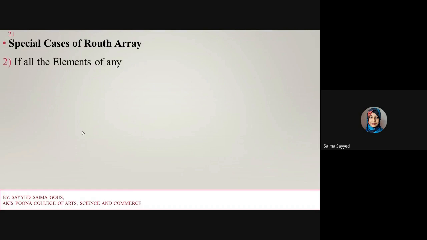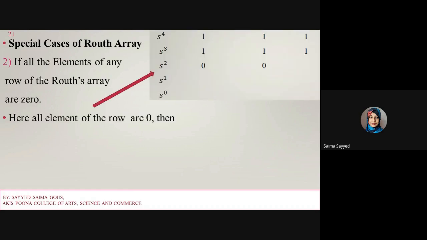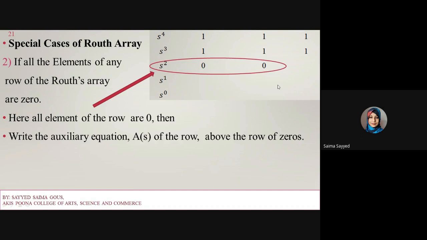The next case is if all the elements of any row of the Routh array are 0. Here all elements of this S2 row are 0. Then what we have to do: write the auxiliary equation A of S of the row above the row of 0.